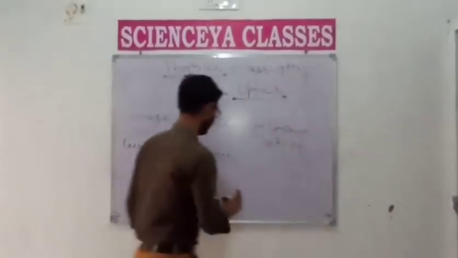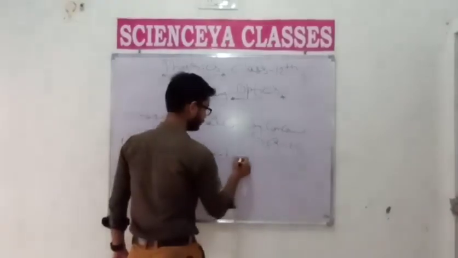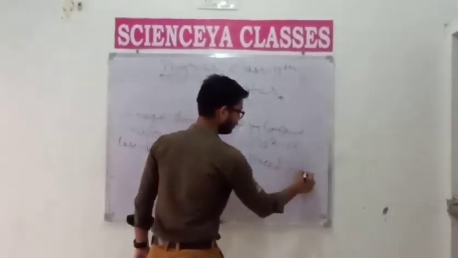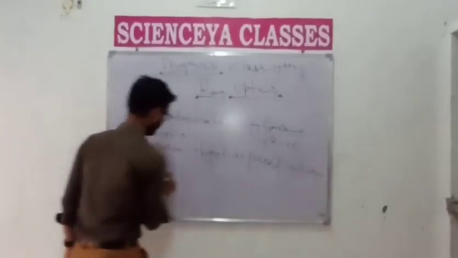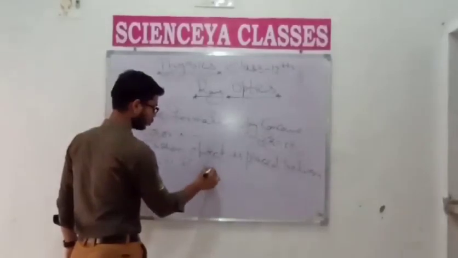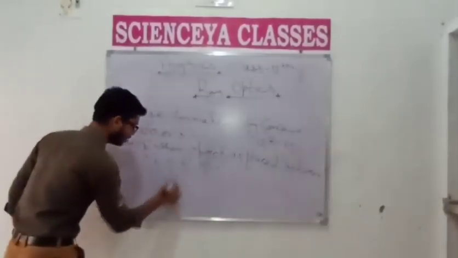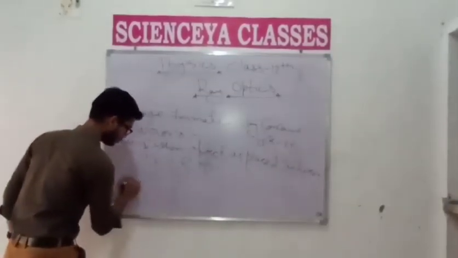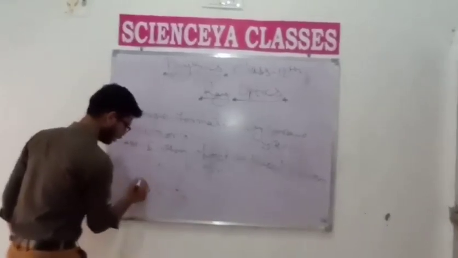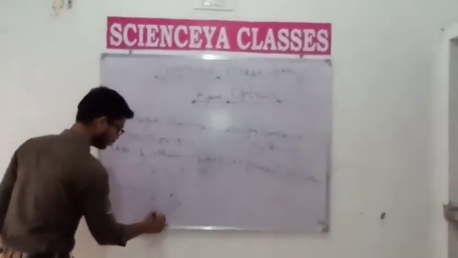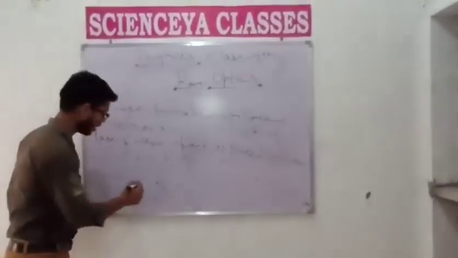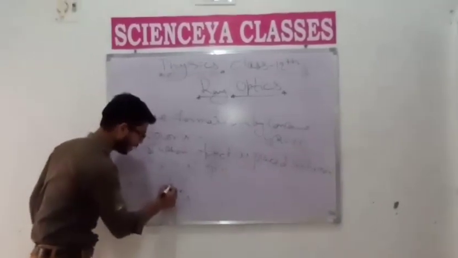Okay student, so when the object is placed between the principal focus and the pole, I again draw the same diagram. This is the principal focus, this is the pole, this is the center of curvature, this is the focal length, and the object in this case is between the principal focus and the pole.